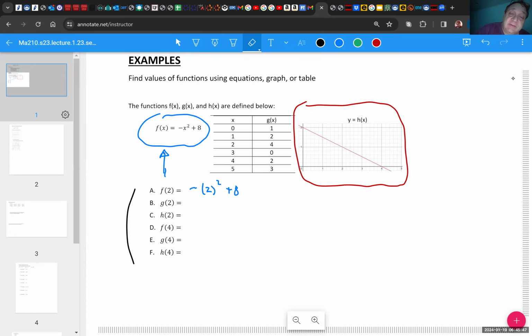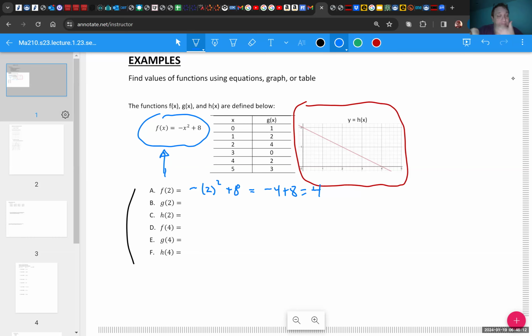You don't have to use parentheses if you don't want to, but I definitely recommend it because it is helpful. According to the order of operations, I square first, then I negate, and then I add 8. So the function value f(2) is equal to negative 4 plus 8, which is positive 4.